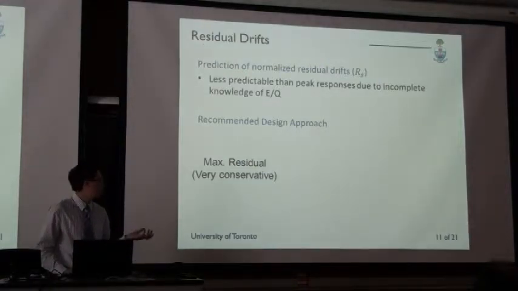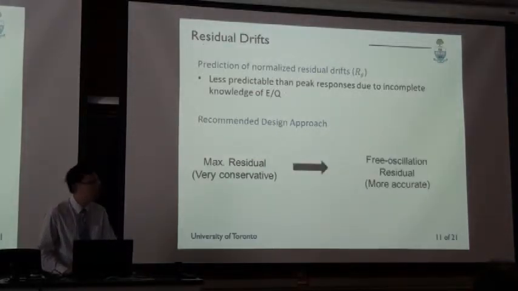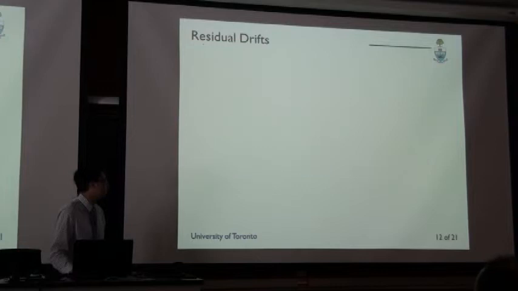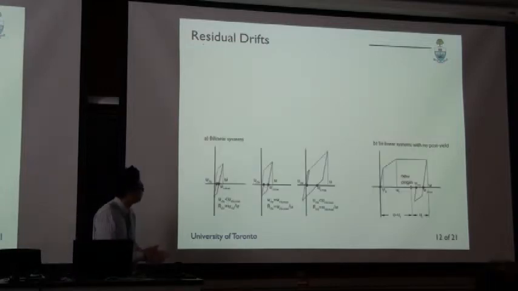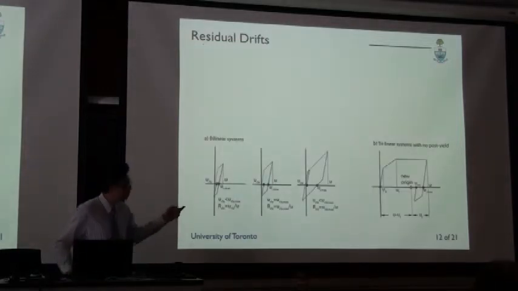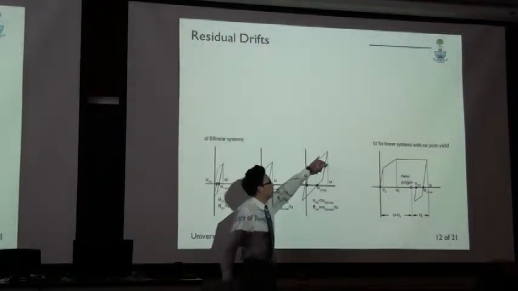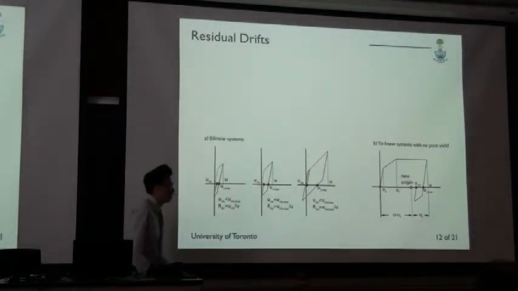However, the problem with this approach is that the maximum residual is usually overly conservative and will not meet your performance target. If this is the case, there's a more refined approach using what's called a free oscillation residual. To better illustrate the difference between these two estimates for bilinear and trilinear systems, you can refer to this figure. So imagine that you reach a peak response at some time during seismic excitation.